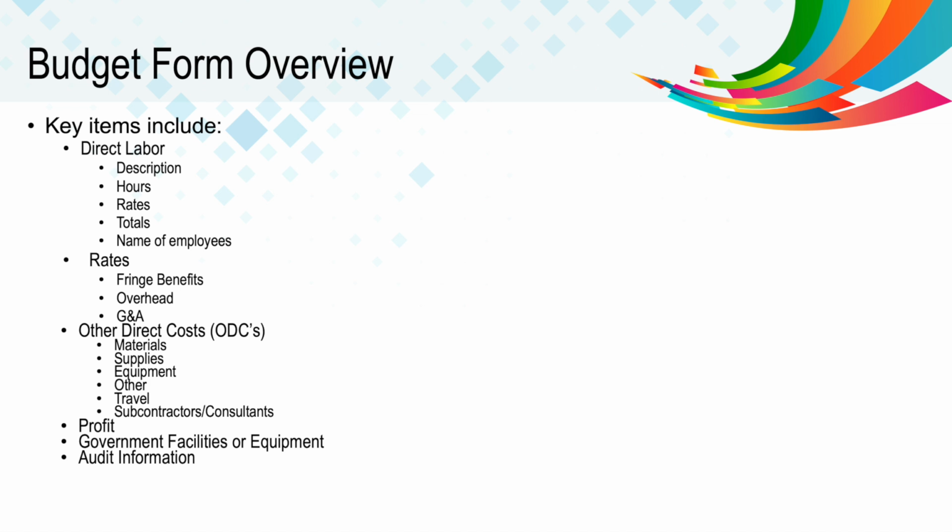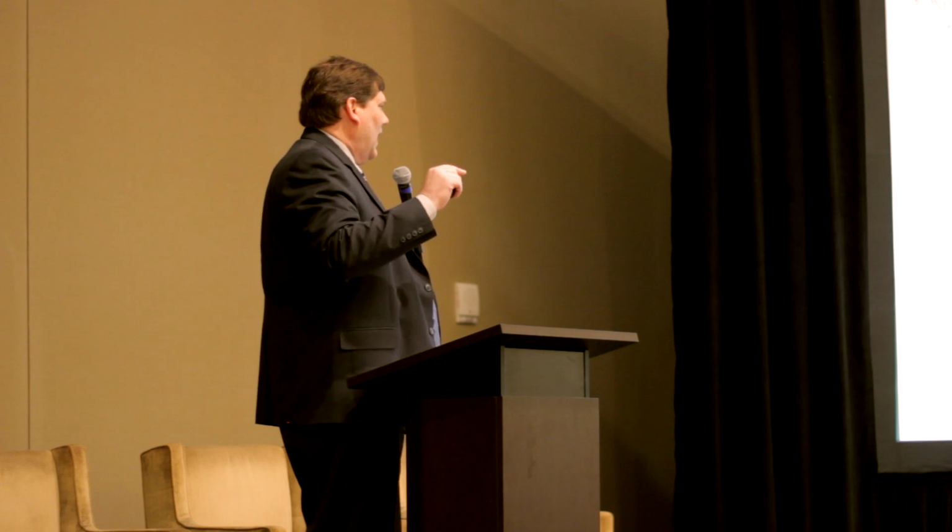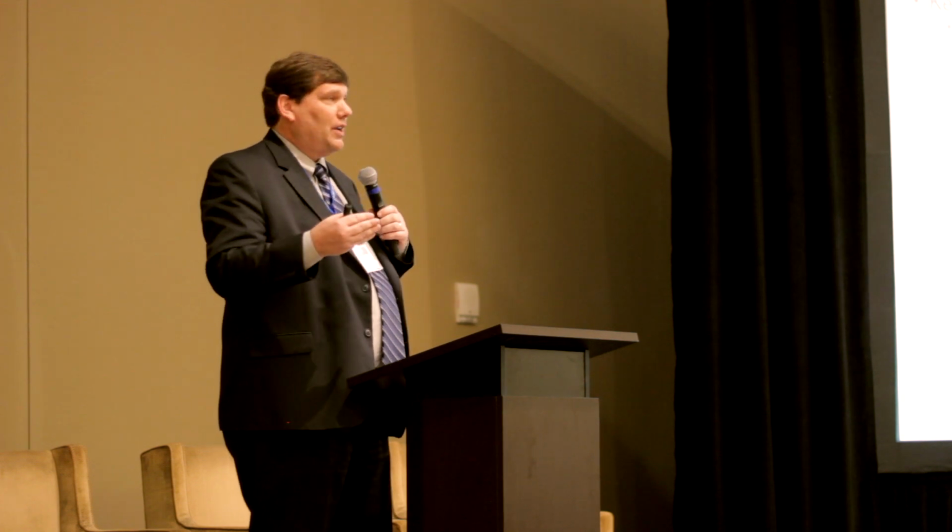And other direct costs, including materials, supplies, equipment, subcontracts, and travel. We'll also ask you to submit a percentage of profit that you'll be taking, and a dollar amount for that profit. And audit information, that is, if you've been audited by your cognizant agency, and if you have a rate agreement that you've entered into with your cognizant agency.